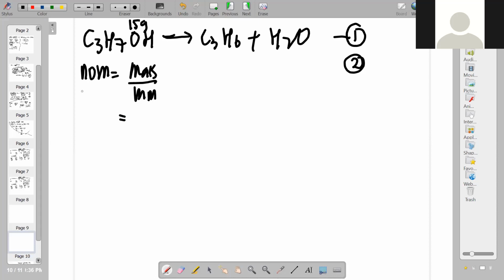Teacher is doing number of moles of propanol. What is the mass they already gave in the question? 15. Very good, 15. What is my molar mass? Okay, teacher is going to call out names. Farid, what is my molar mass of propanol?